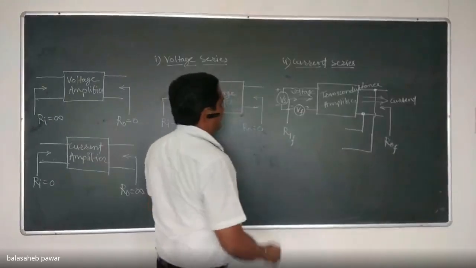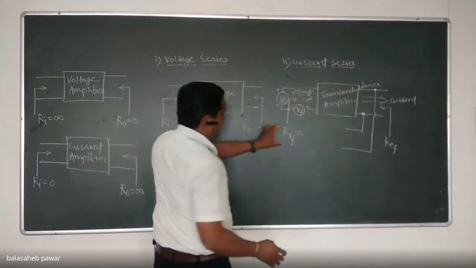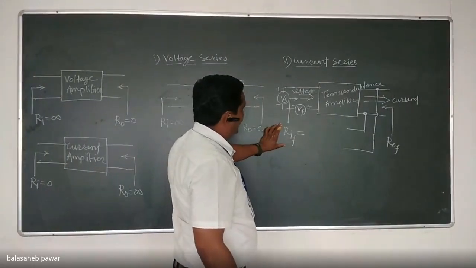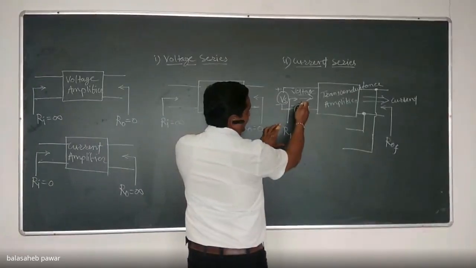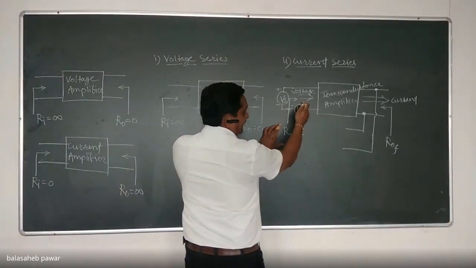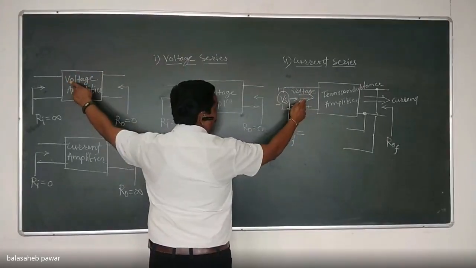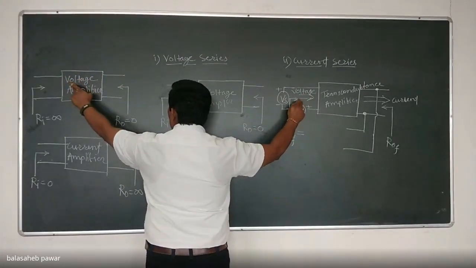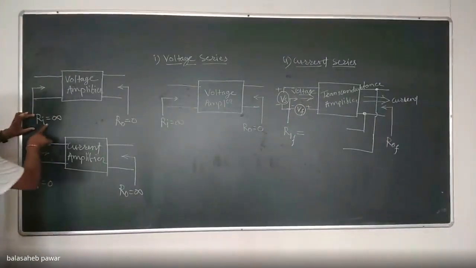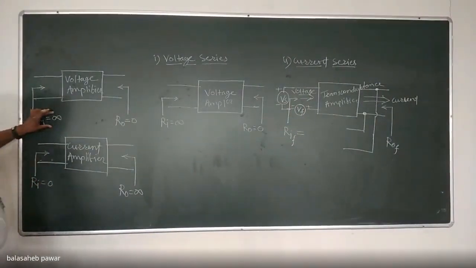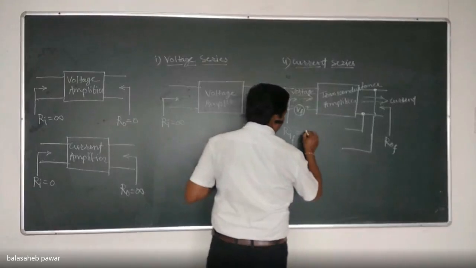Right. So see, RIF, whenever you have to decide, it is related to what? Voltage. Correct? So as it is related to voltage, go towards the ideal voltage amplifier. How much is Ri? It is infinite. That's why here you have to write the same.